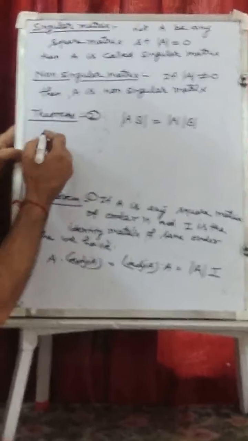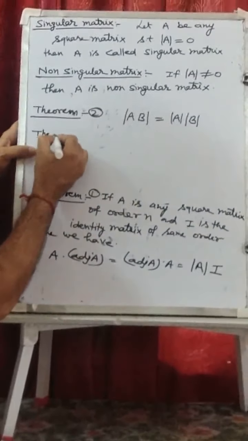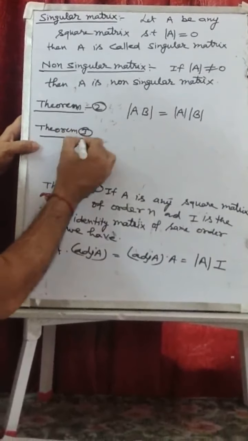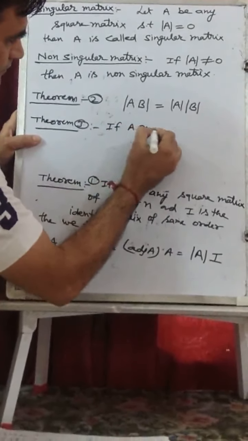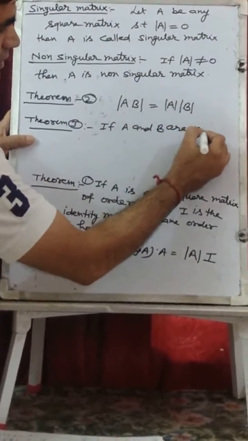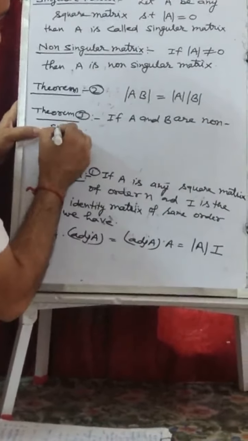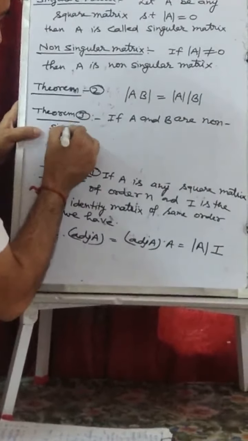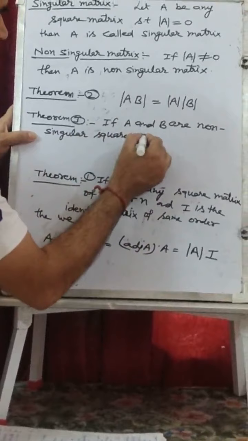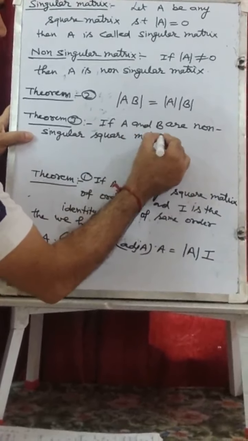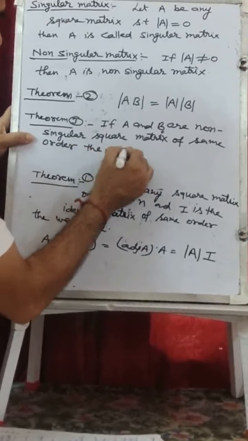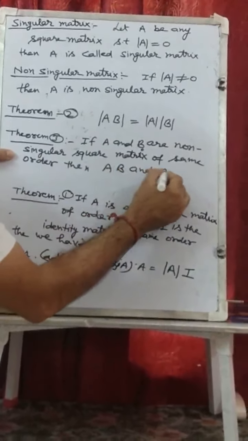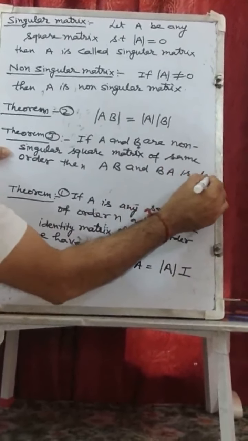Also, we have if A and B are non-singular square matrix of same order, then AB and BA is also non-singular.